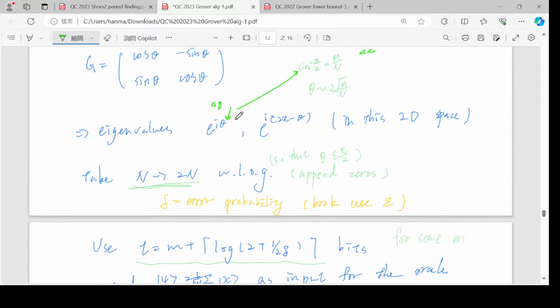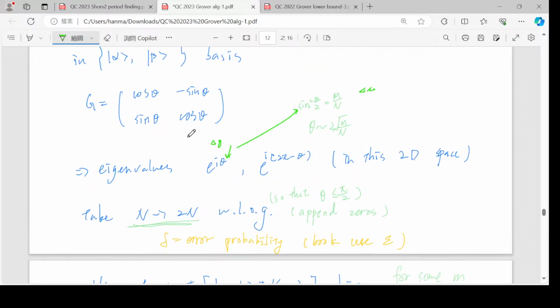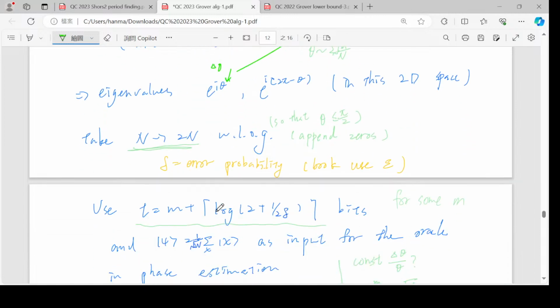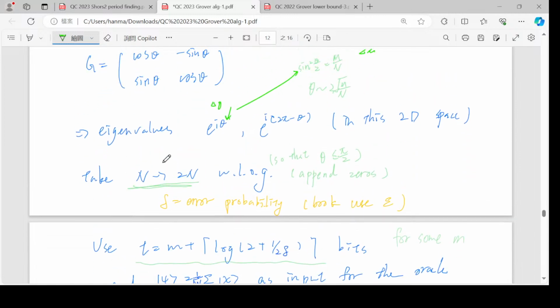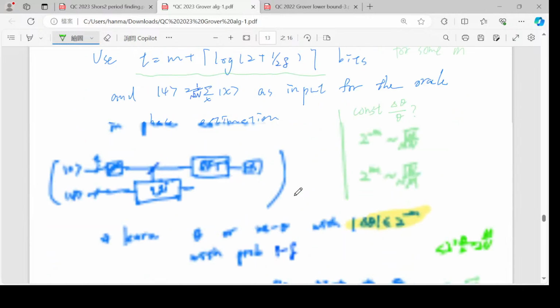So we want to estimate theta because the eigenvalue of this thing is e^{i theta}. And we do phase estimation. We'll get the estimation of theta with some error delta theta. Before everything, we assume we take n to 2n. So we double the number of n so that theta is less than pi over 2.